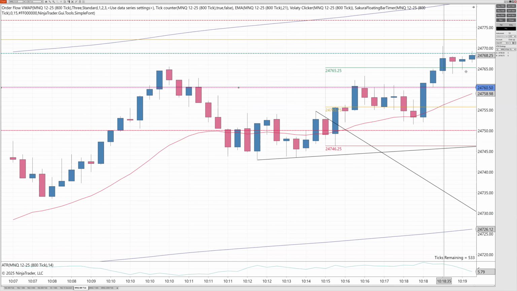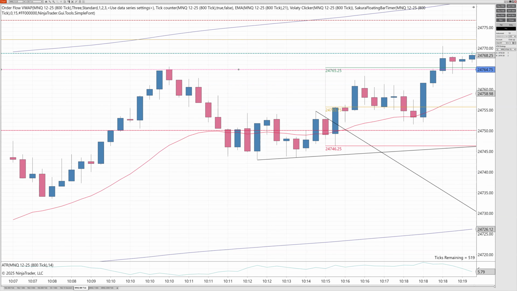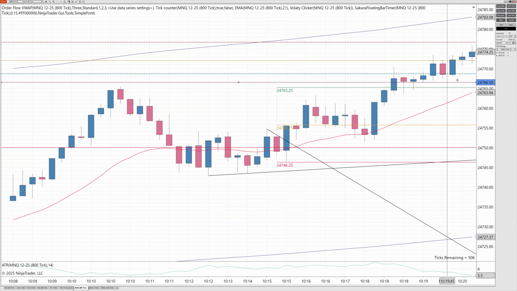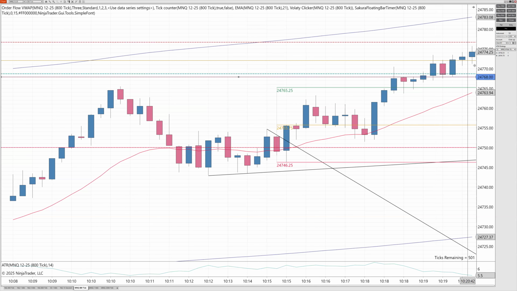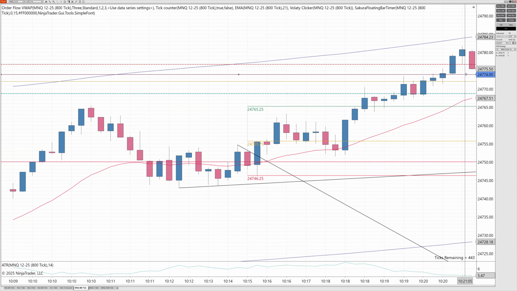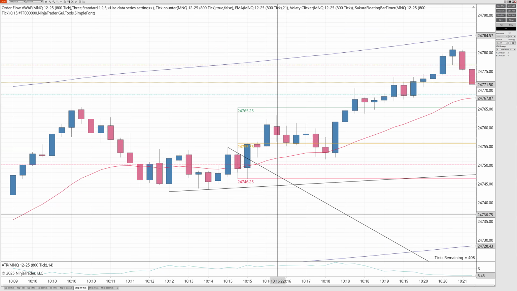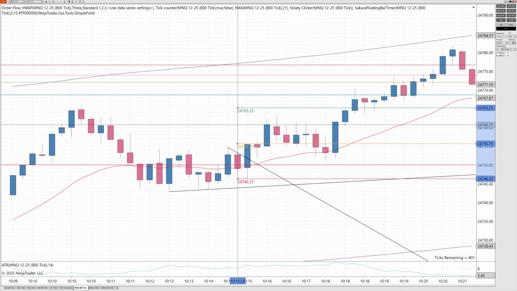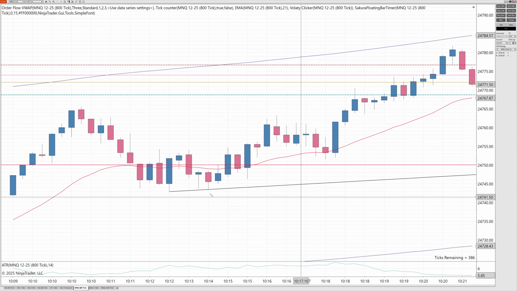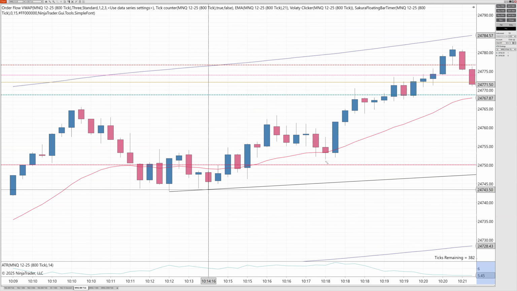The runner's still going. The runner is still going. And then finally, the runner's been taken out. Delete these lines here. You could potentially draw another line like this.